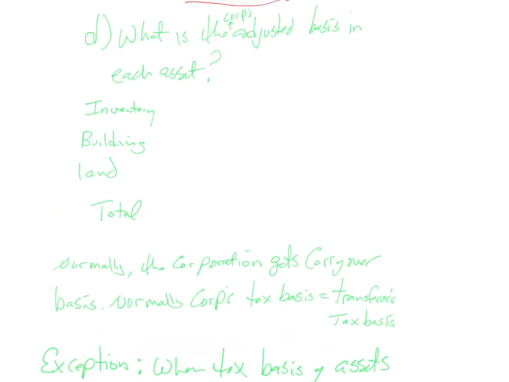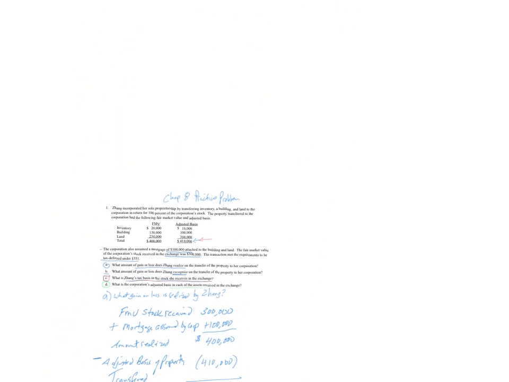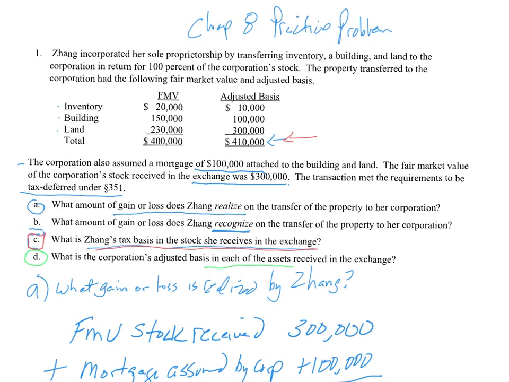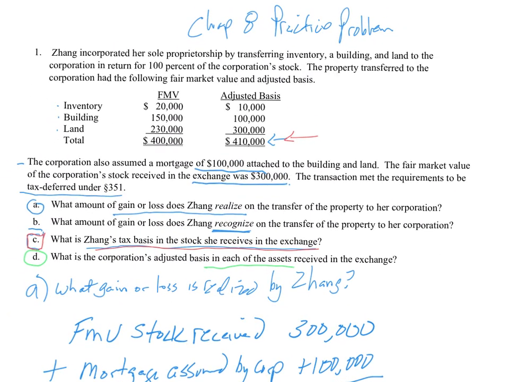Okay, so let's scroll up and look at what's going on. All right. So what do we see? If we're looking at inventory, the adjusted basis is $10,000. Fair market value is $20,000. So fair market value is greater than the adjusted basis, so we're fine.